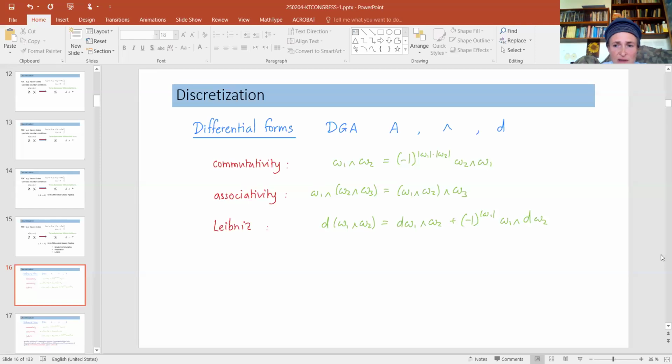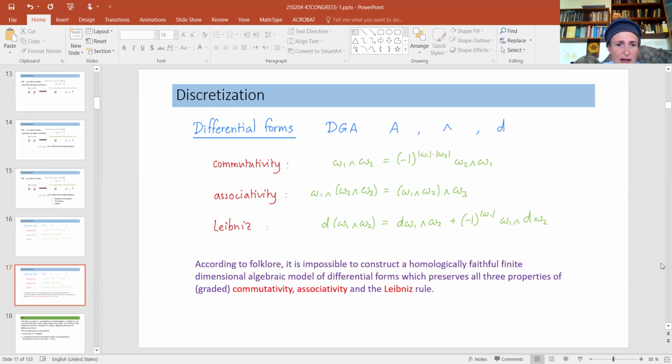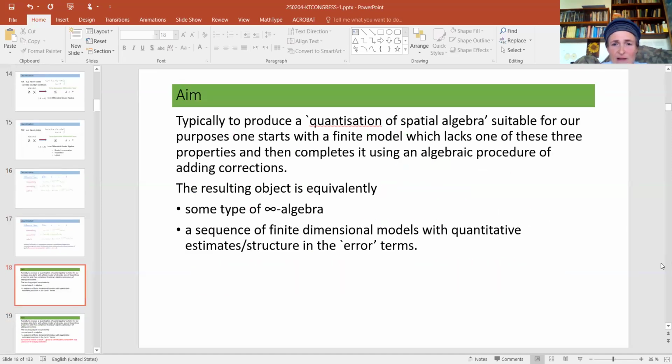Okay, so here, just to illustrate the problem again, I've just written out these properties formally. According to folklore, it's impossible to construct a homologically faithful finite dimensional algebraic model of differential forms, which preserves all 3 properties of graded commutativity, associativity, and the Leibniz rule.